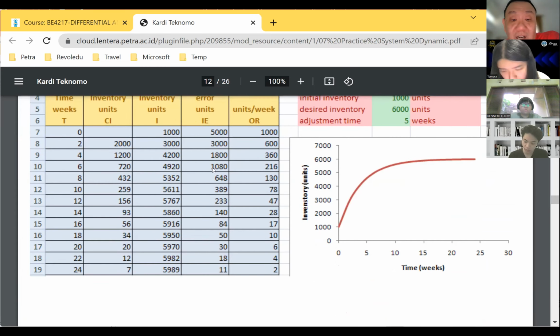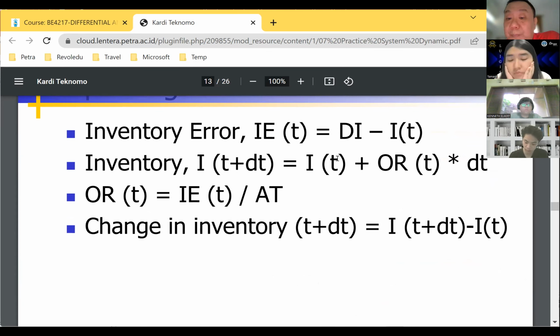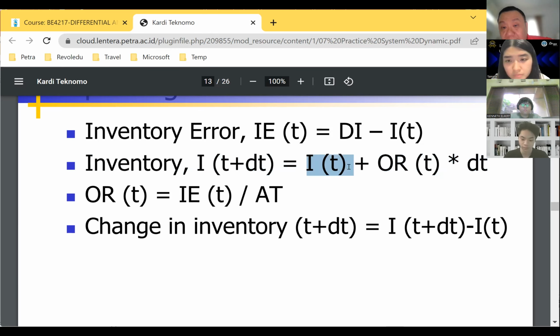So these are the values, and the updating formula is this one. The inventory, which is the level, is I(t+dt) equals I(t) plus the change.